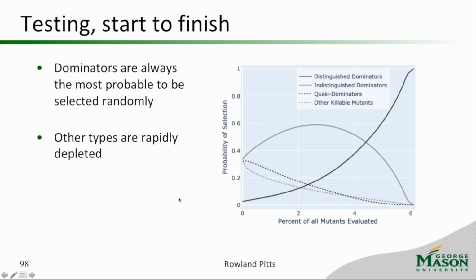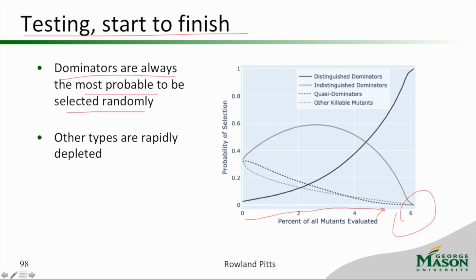All right, so back on track here. We look at the probability of the mutant types being selected randomly for the duration of testing, and this one's shorter than the 21% because it doesn't have equivalent mutants in it. But dominators are always the most probable to be selected randomly.